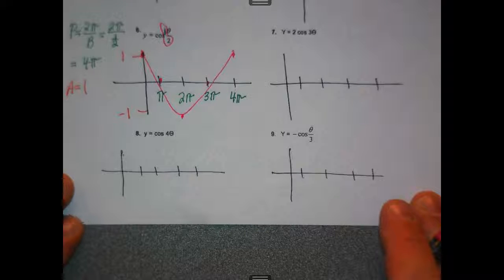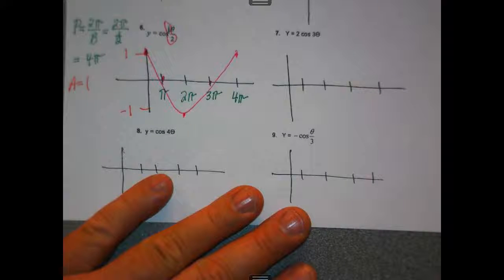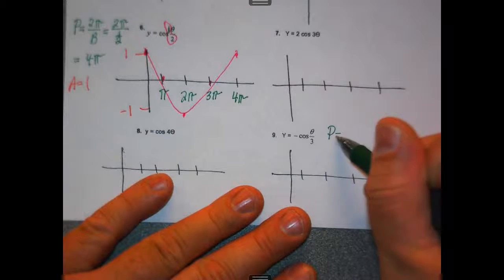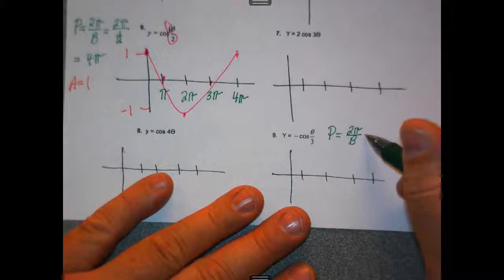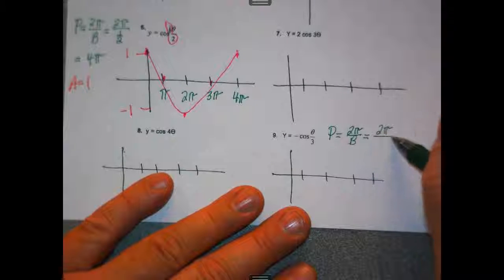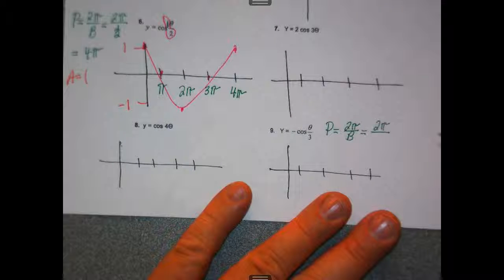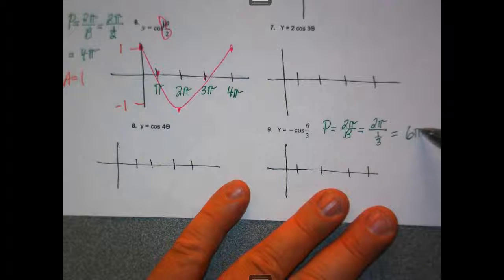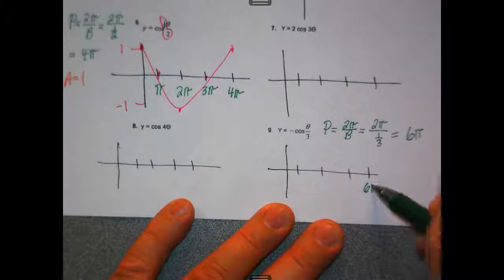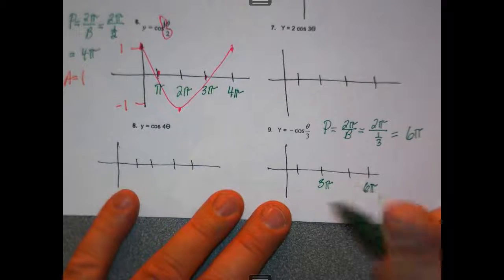And let's do number 9. Okay, I need the period equals 2 pi over b. What's my b? 1/3, right? My period is 6 pi. What's half of 6 pi? What's half of 3?